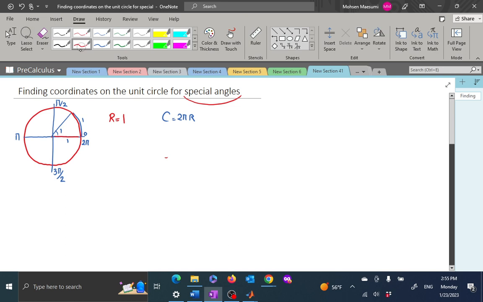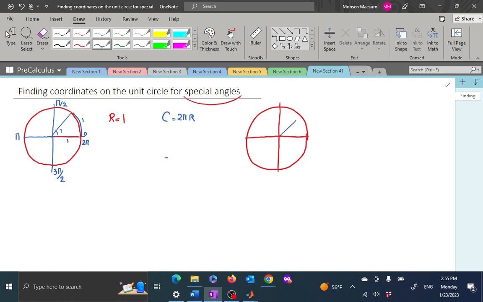Now what if we add in some more special landmarks? Let me draw another circle so that our picture doesn't get too crowded. What other special landmarks can we consider? Well, I can go halfway here, and now halfway, this was 0 and this was pi over 2, so halfway is going to be pi over 4.